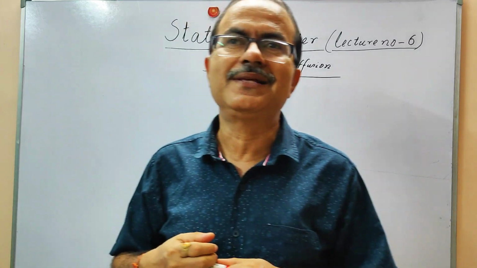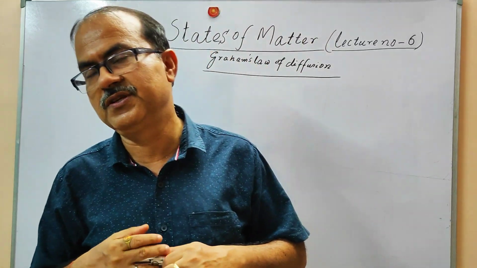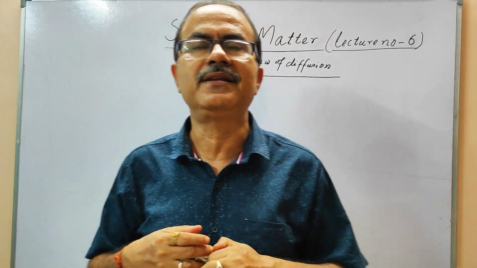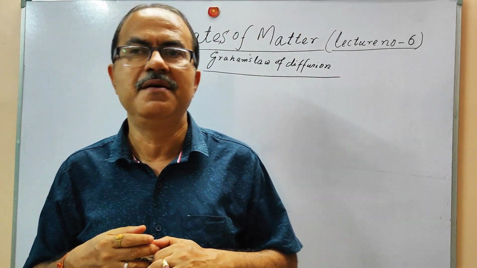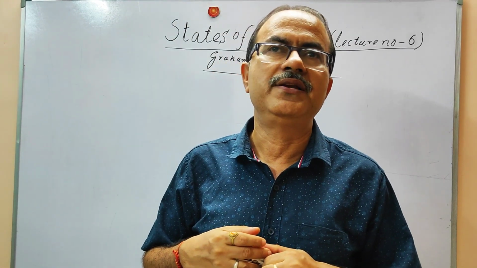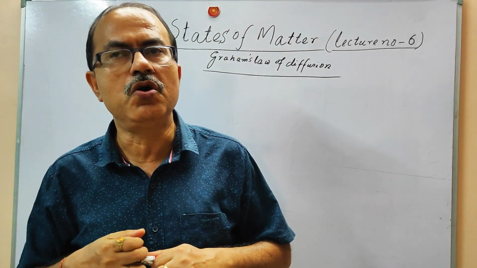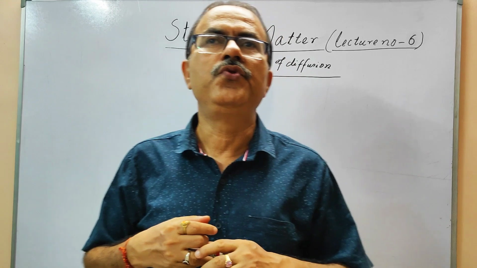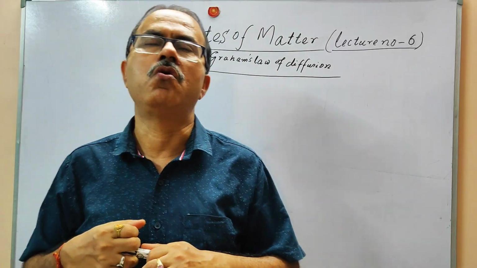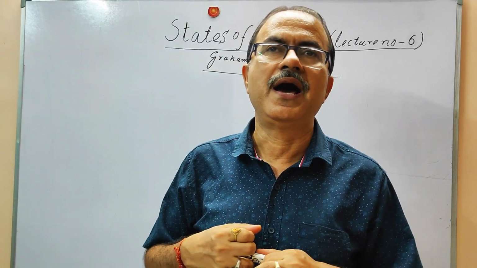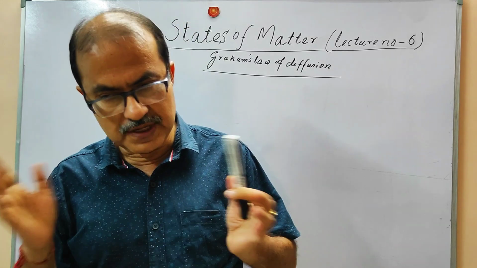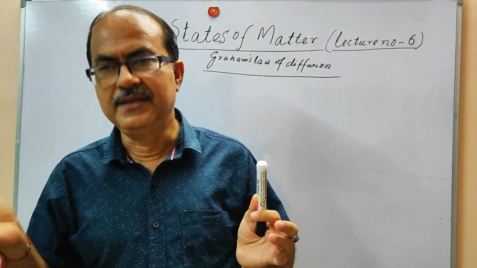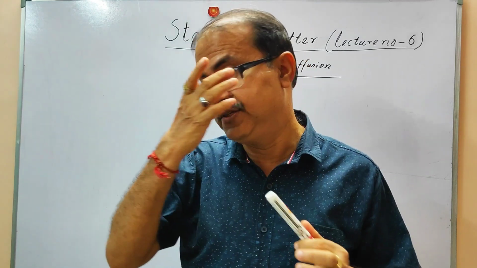Now we are going to discuss Graham's law of diffusion. Practically, suppose two gases are mixed, how are we able to separate these gases from each other? Then we apply Graham's law of diffusion, and this helps us separate the gases from their mixture.